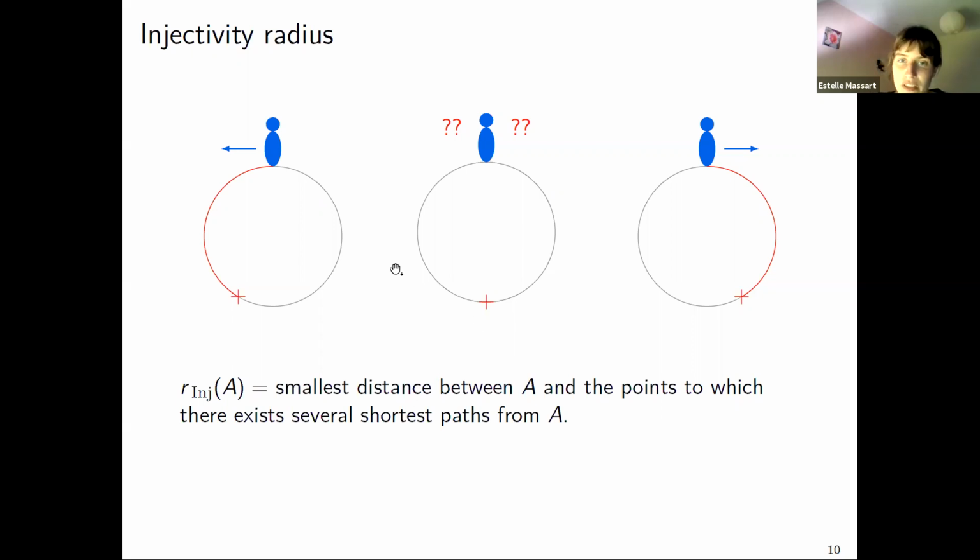If you take the circle as manifold, the injectivity radius is equal to pi. Because if you take points that are at a distance smaller than pi, you have one clear way to reach the point in the shortest way. But if you take points that are antipodal, then you have two possible ways that are equivalent.